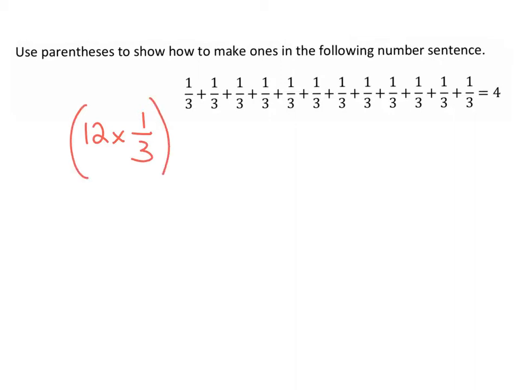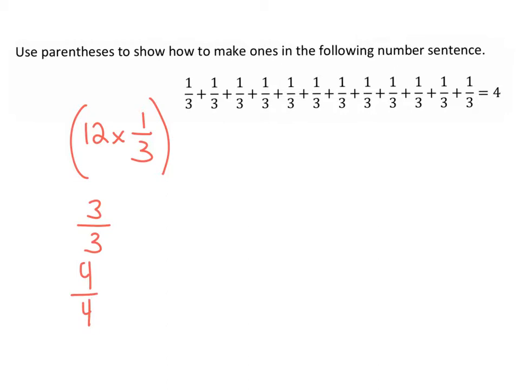But remember when we talk about wholes and fractions, 3/3 would be an example of a whole, 4/4. The numerator and the denominator both have to have the same number in it to equal a whole. Well, what can we do with these 1/3 to represent a whole and then show 4 wholes?